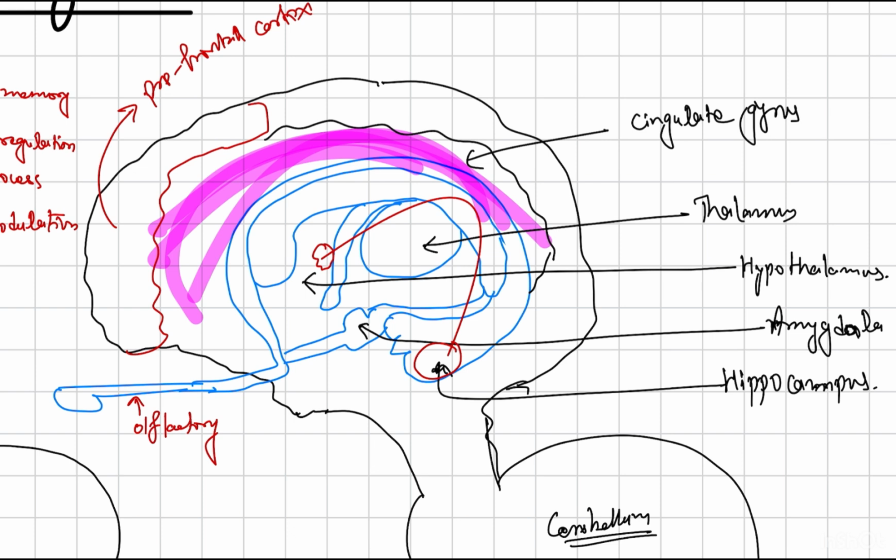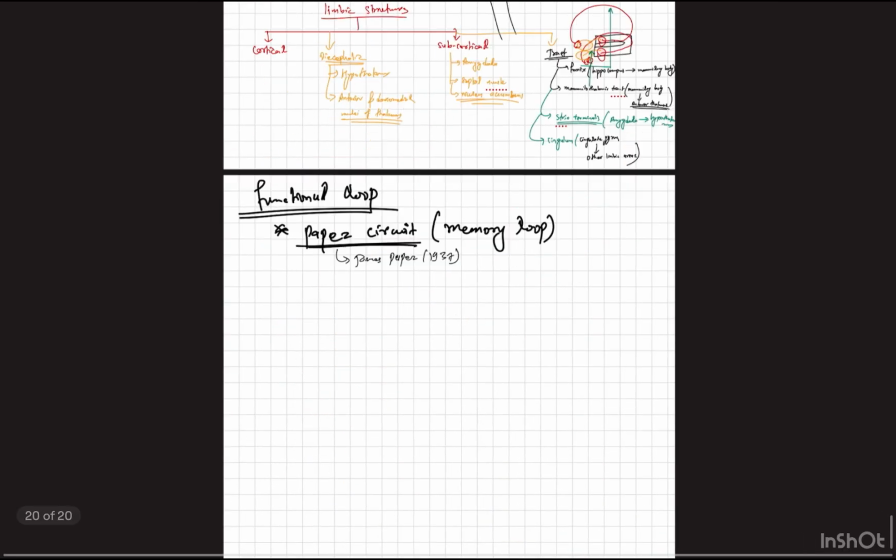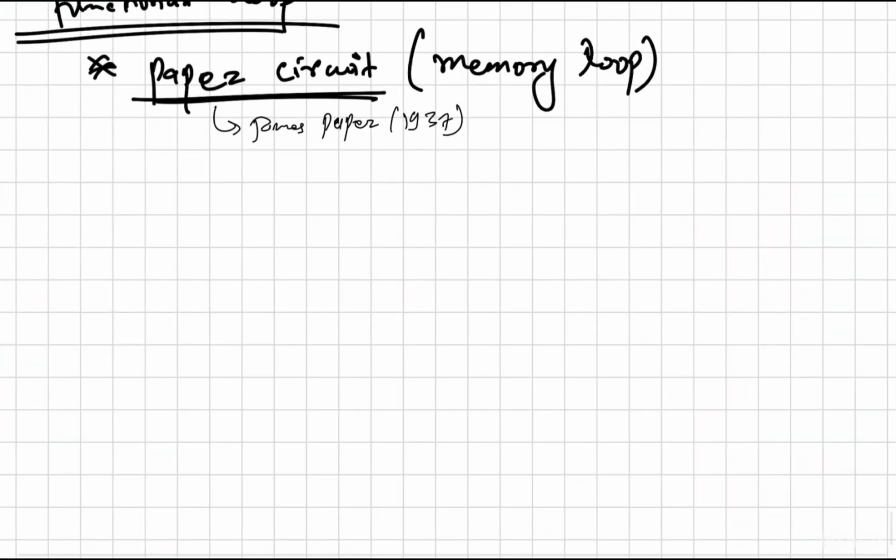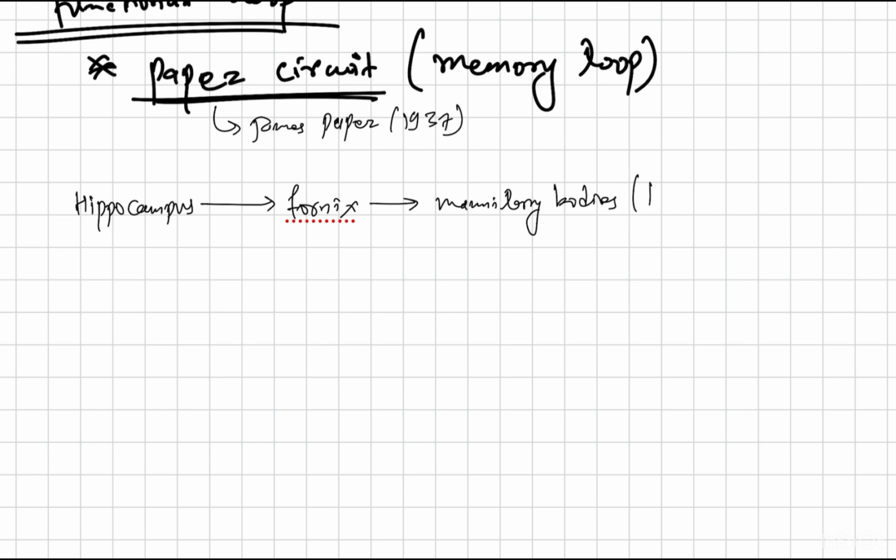First I mention the things, then we discuss easier. First the hippocampus, then it passes through the fornix and goes to the mammillary body. Mammillary bodies in the hypothalamus.